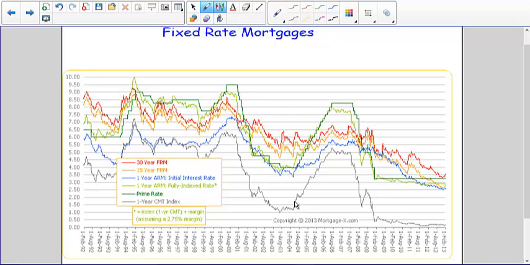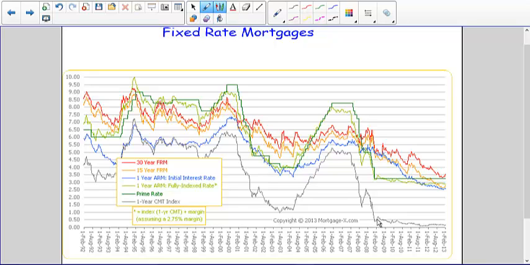Then they said, okay, actually things are looking pretty good now, so let's start increasing the interest rate. So they increased the interest rate till about 2007, and then they leveled it off, and then the housing crash and other things happened, and the economy started to sputter and go out of control. So they started lowering the prime rate to stimulate the economy.